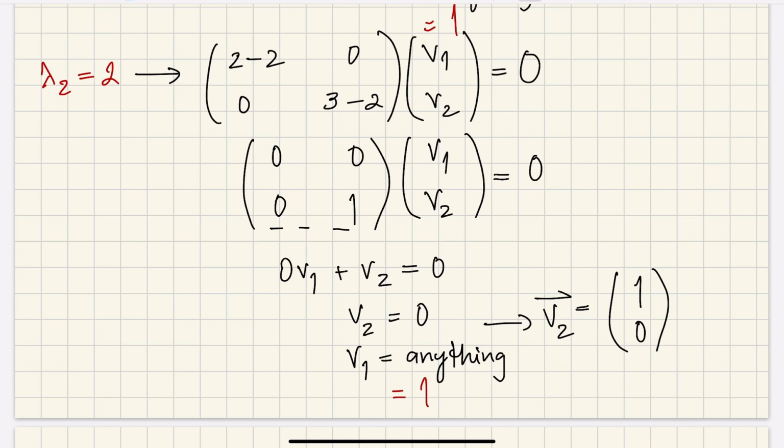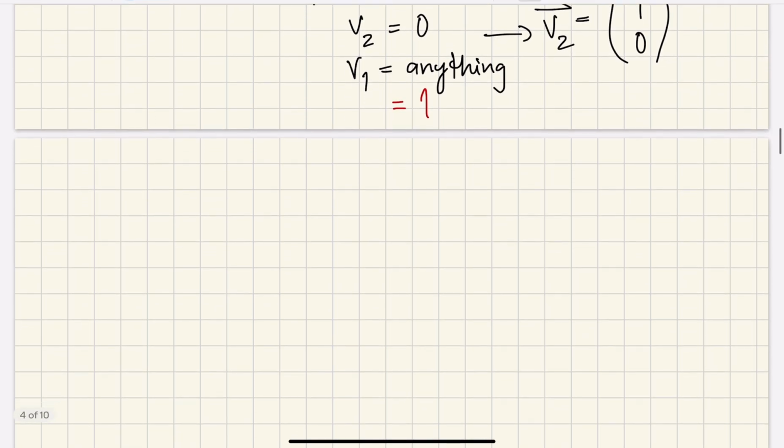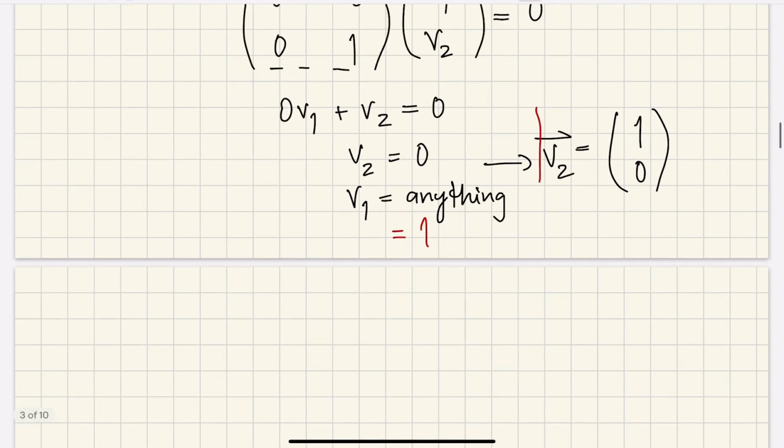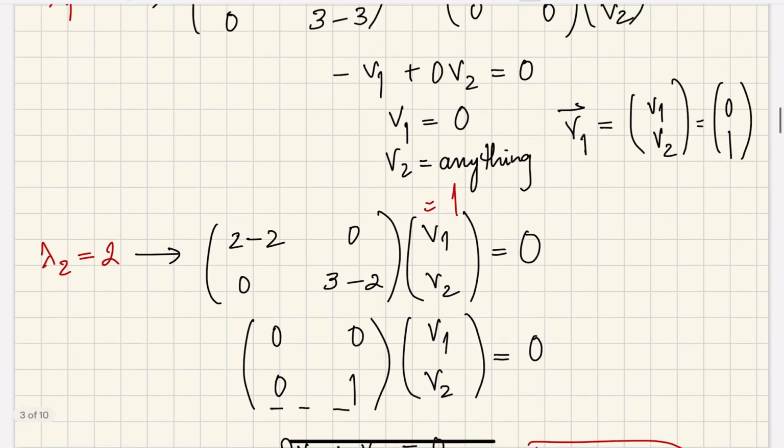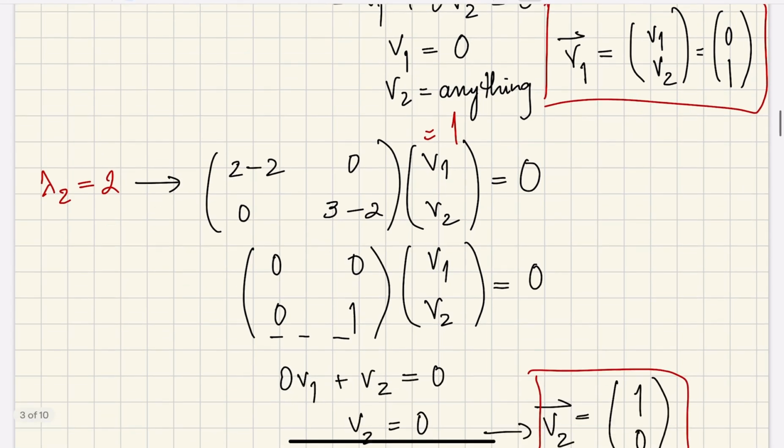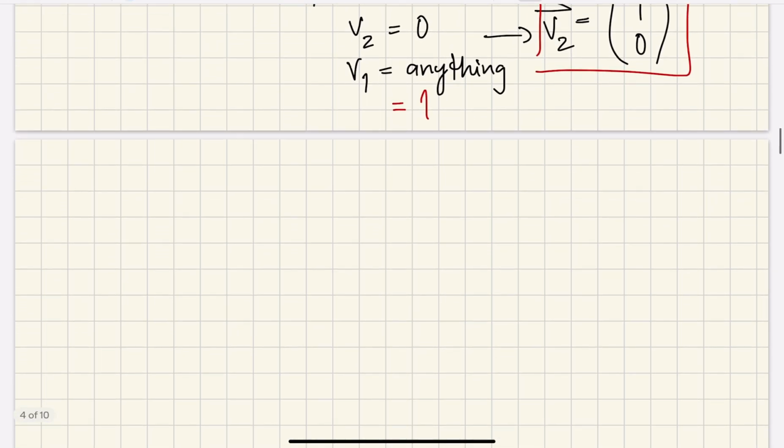Now, the penultimate step. We have our two eigenvalues, and we have our two eigenvectors. We're going to put them together. We assumed our solution to be of the form x = v e to the lambda t.